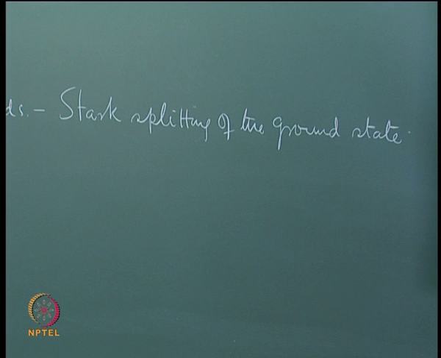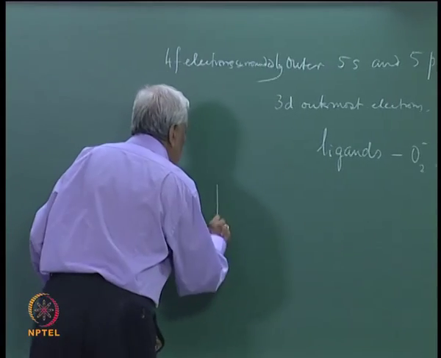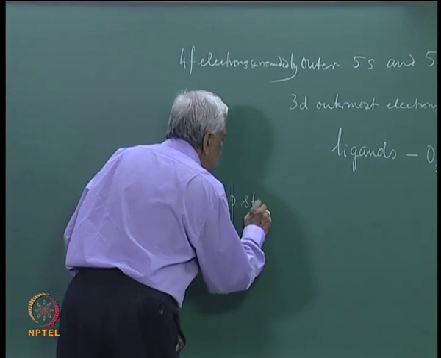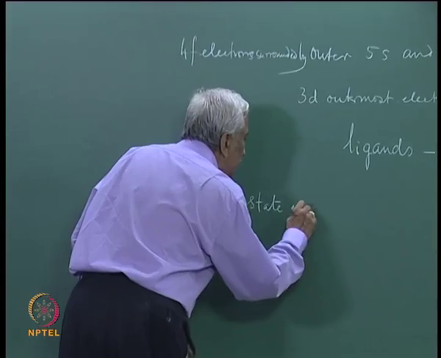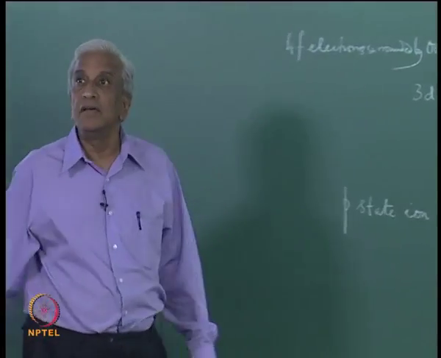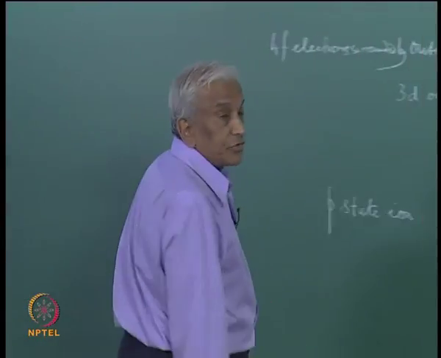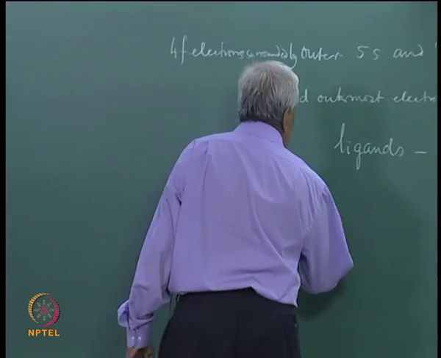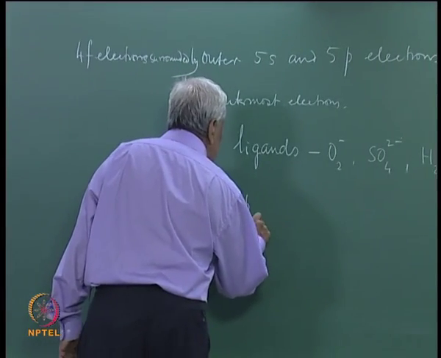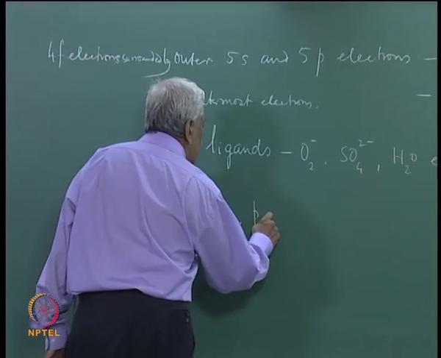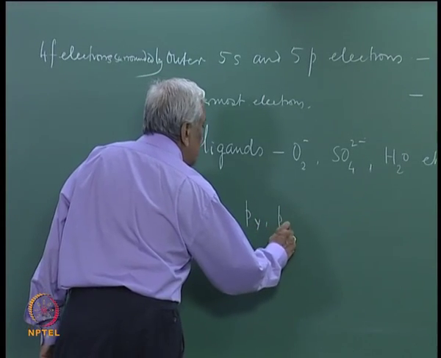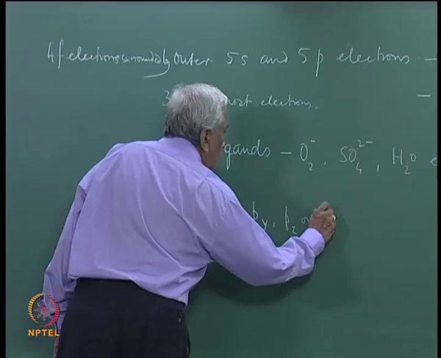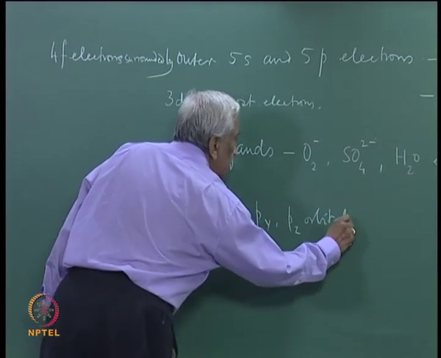To see this effect, let us consider for simplicity a p state ion. D is a little complicated. So, let us just take an ion which has p electrons in the p shell, which consists of 3 orbitals which are known as the px, py, pz orbitals, which are shown in the next figure.